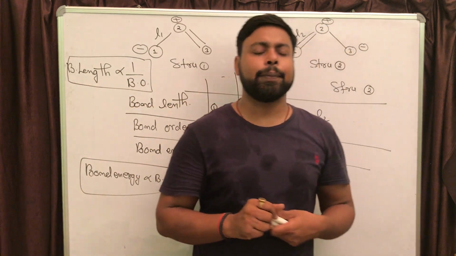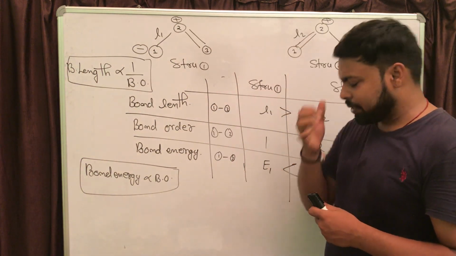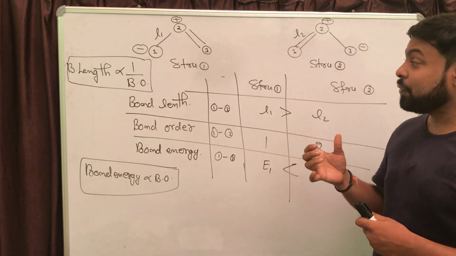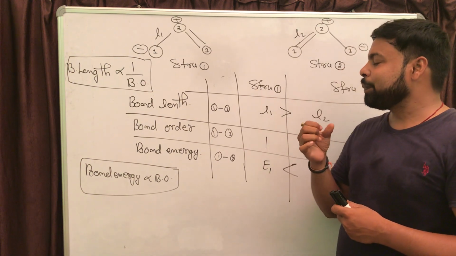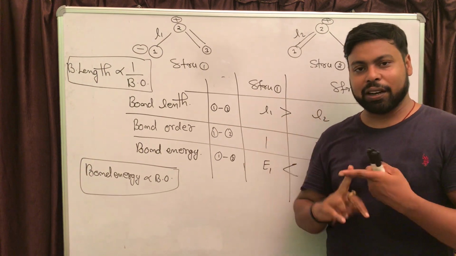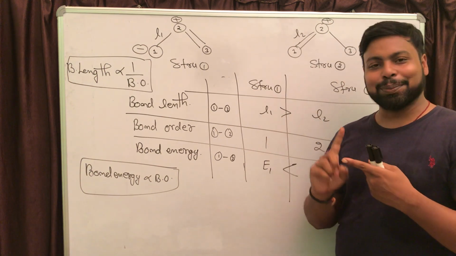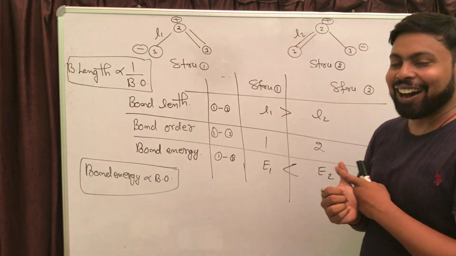Next, the practical fact. If you observe an ozone molecule, it is found that all the bond lengths, all the bond energies, and all the bond orders are the same.